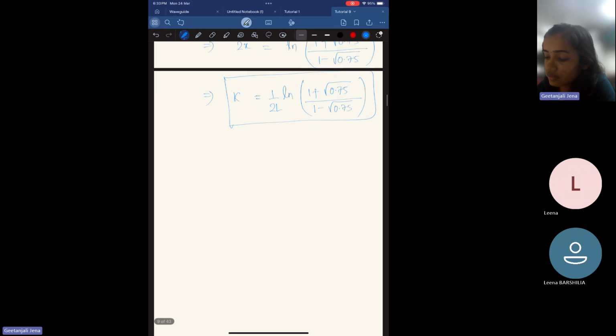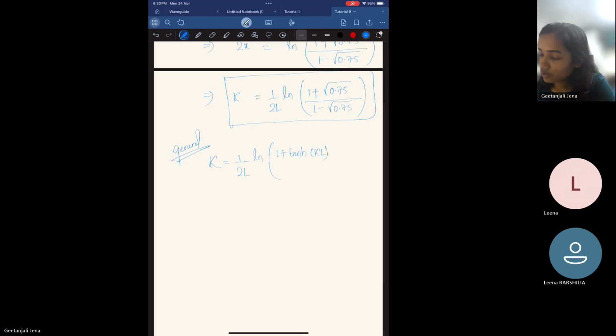So as a general expression, you can calculate kappa if the length of the fiber grating is given, by taking the logarithm of 1 plus tanh kappa L over 1 minus tanh kappa L.